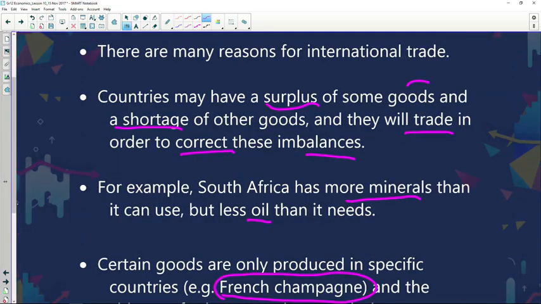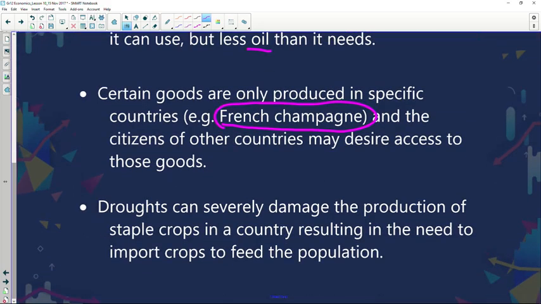And then our next point, just going to pull my screen up. There we are. So we know that droughts can severely damage the production of staple crops in a country, resulting in the need to import crops to feed the population. Over the past couple of years, this has been a huge issue because countries aren't getting enough rain.